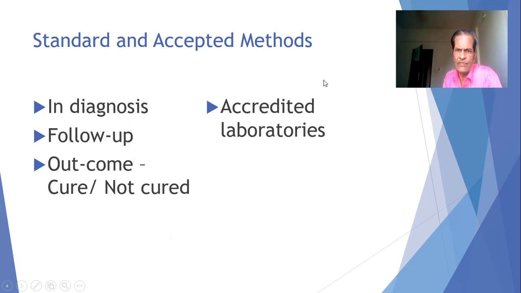The laboratory investigations should be done from accredited laboratories if they are outside your institution. In fact, the clinical trial should have support from accredited laboratories only. Then only the results of the study, if they involve laboratory studies, are acceptable.